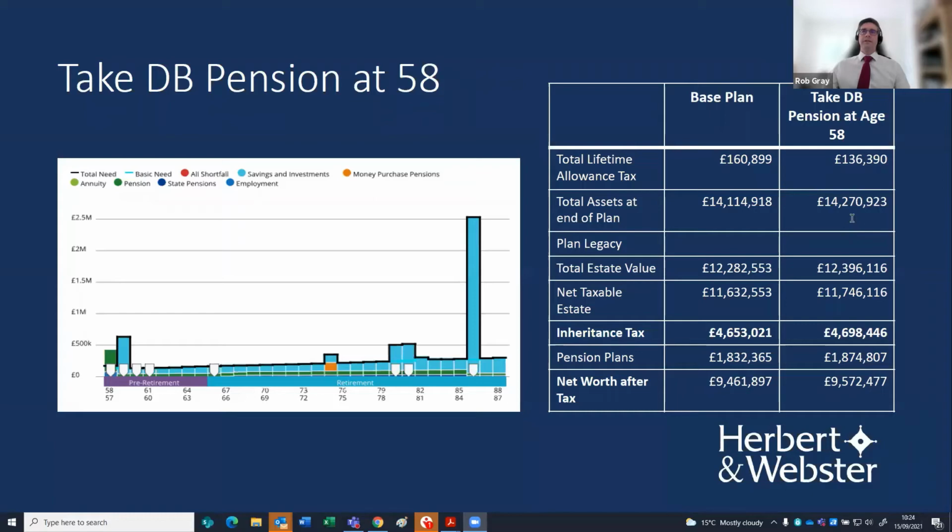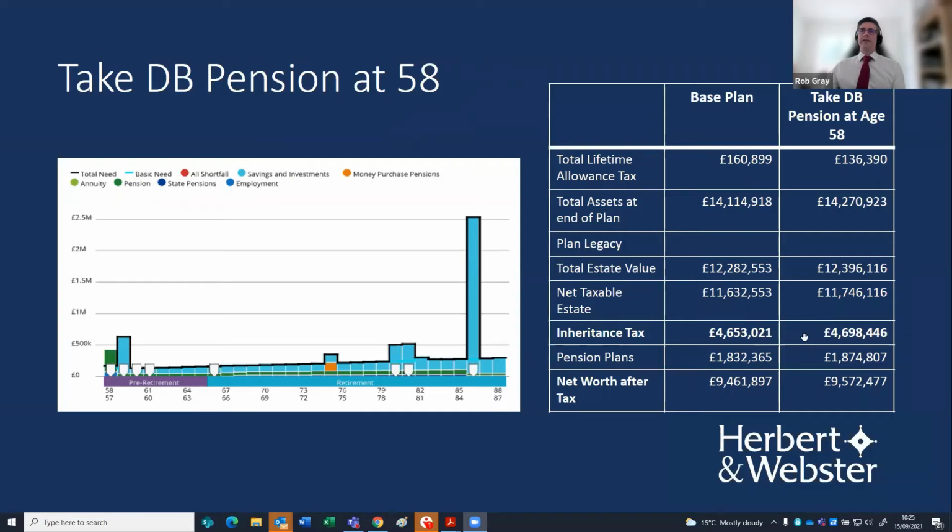We can also see that by taking the pension early, the total assets at the end of the plan are slightly higher. So that's beneficial as well. The total estate value at the end of the plan is also slightly higher. So his net taxable estate is 11,746,000 instead of 11,600,000.